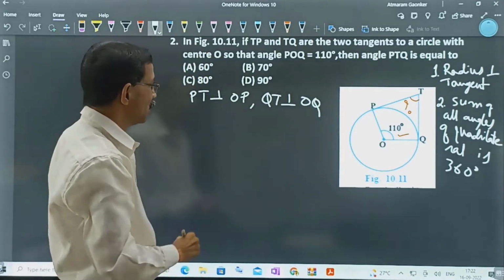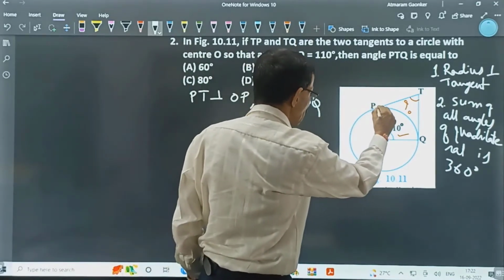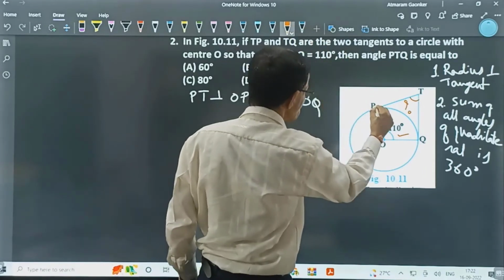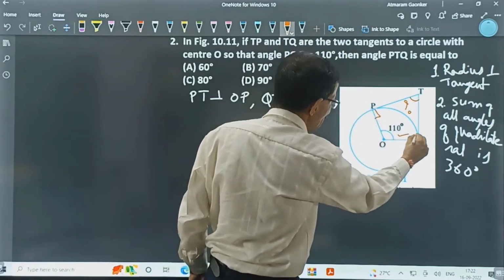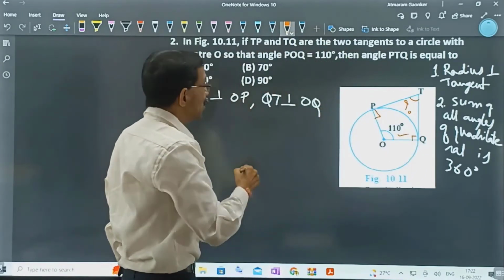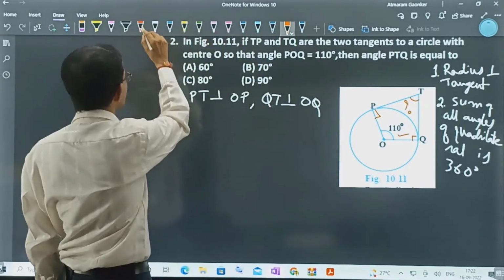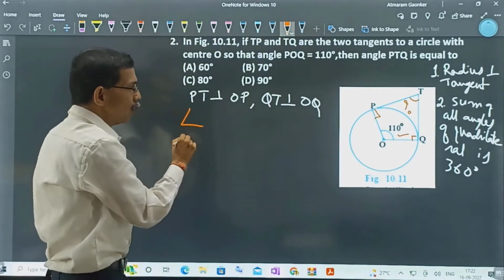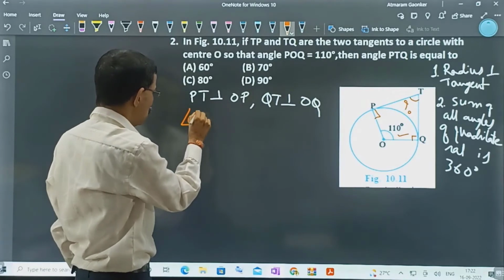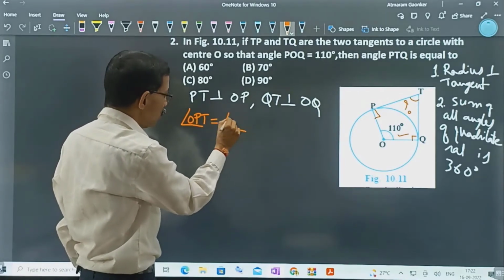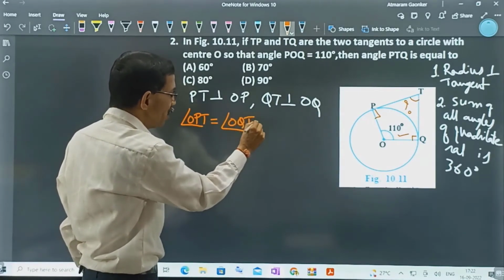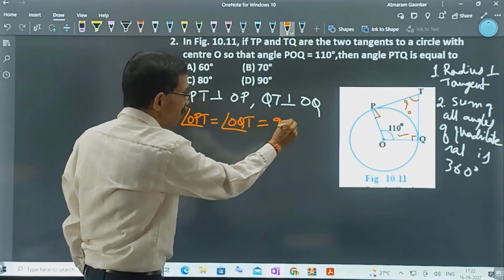That means this angle is 90 degrees and this angle is also 90 degrees. So I can write that angle OPT and angle OQT, both are 90 degrees.